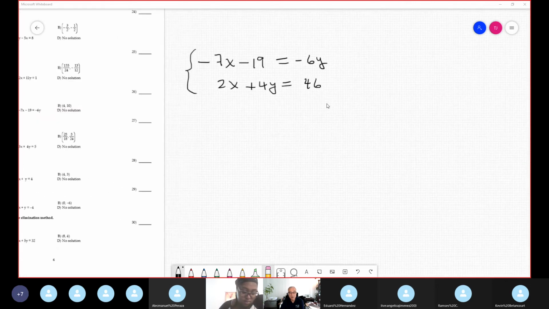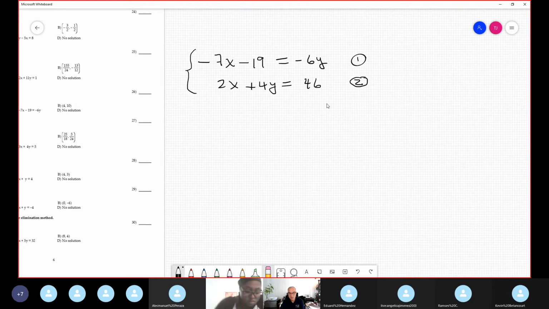Okay, so now, for example, I take equation 2. Either way. The coefficients are even numbers: 2, 4, and 46.